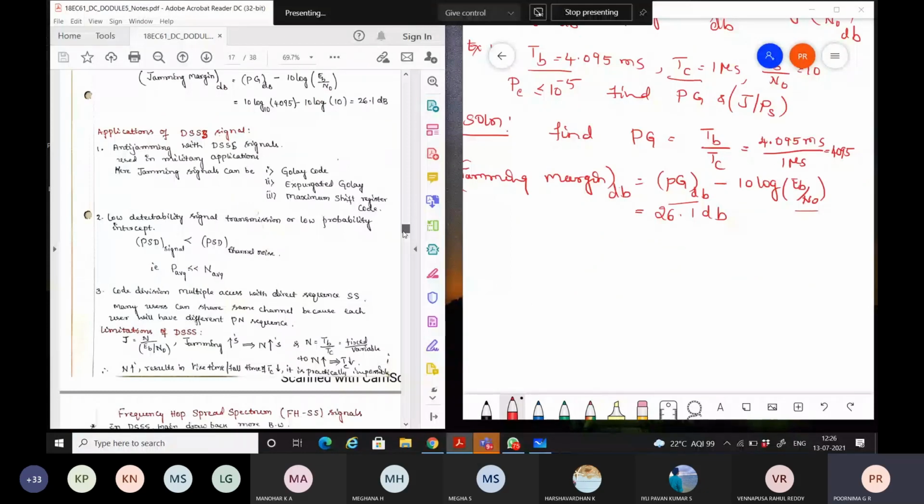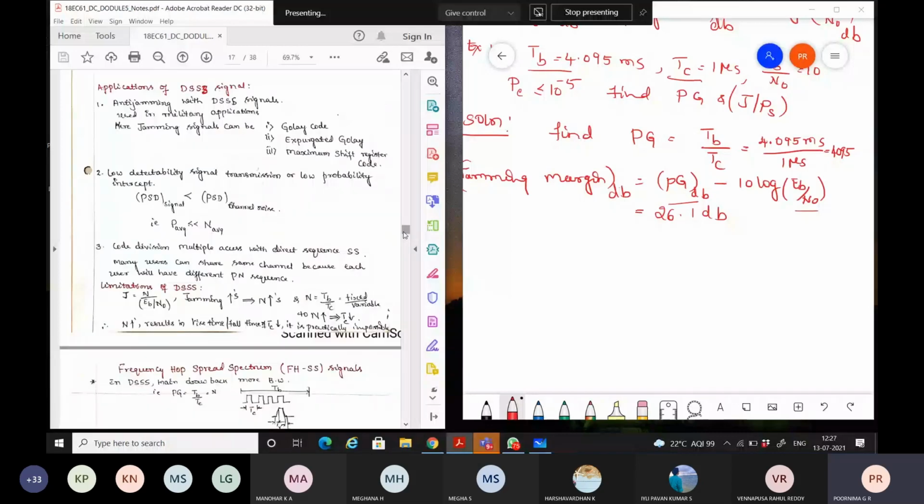Most of these direct sequence spread spectrum signals are used as anti-jamming signals in military applications. The type of code may be Gold code or maximum length shift register code. So basically this direct sequence spread spectrum, either with BPSK or without BPSK, will be used in military applications.